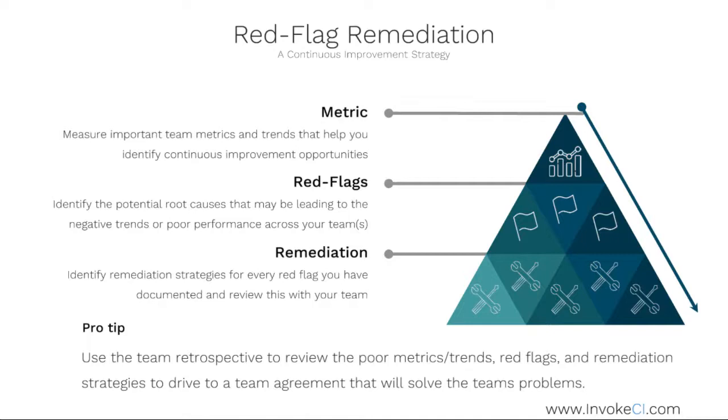Then you can work with your team through the retrospective process to focus on ways that you can remediate that specific issue. So the third step is remediation, which is to identify remediation strategies for every red flag that you have documented, review it with your team, and come up with a way that you can solve for the root cause of that particular problem.